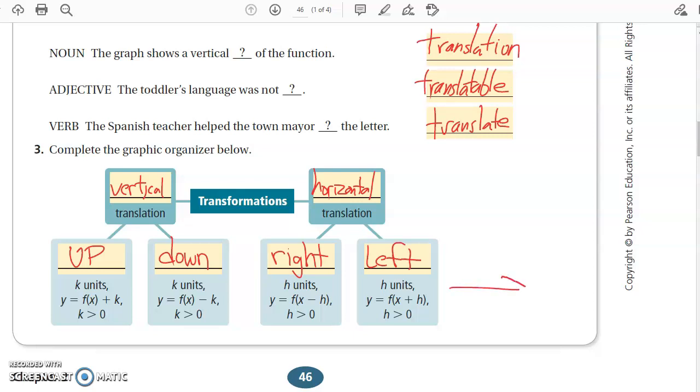So this is back and forth, and this is up and down. And this is the K, very close to what we're going to call Y. This is the H, very close to what you call X. Not too far off if you're taking notes at home. So let's turn the page.